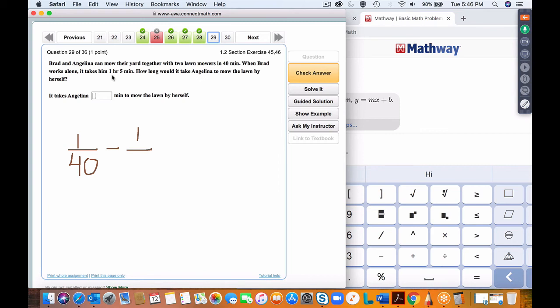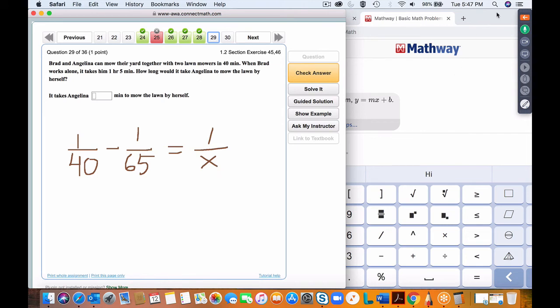Remember, I cannot mix hours with minutes, so everything has to be expressed as one unit. So here I will change everything to minutes. 1 hour is 60 minutes plus 5 is 65 minutes. And that gives me what I'm looking for: how much time in minutes the second person will take. That's all I have to do.